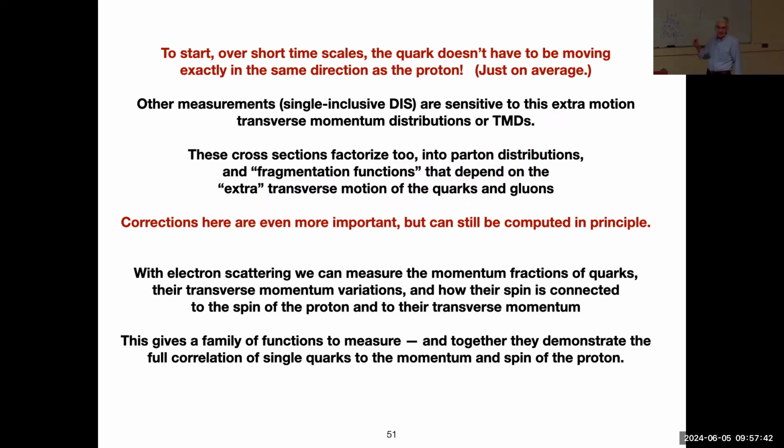Now, this statement that they factorize is a statement that depends on the process you're studying. It's not true for every process. If you start looking at very, very detailed questions in the final state, we'll lose this separation of the transverse momentum distributions from the rest. I mean, basically, it's like this.